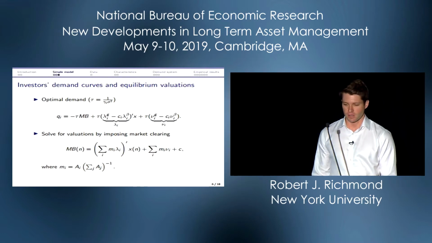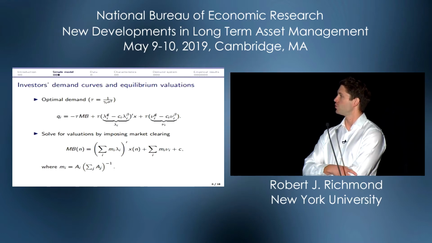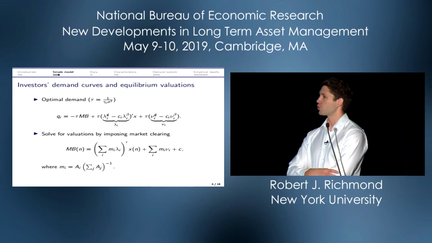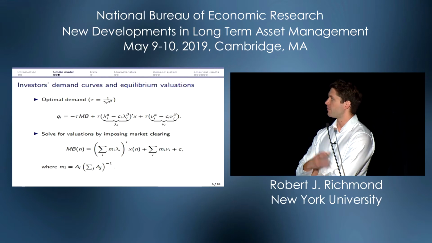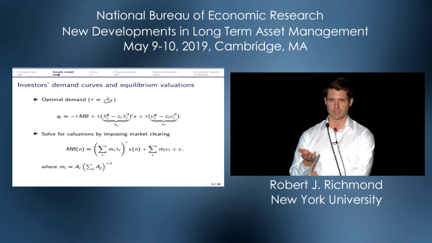All right, so given these assumptions, the optimal demand for each of these investors, which will be this vector QI, is a function of a few things. It's going to be a function of the price or the market to book ratio of each of these firms, and it'll be a function of how they form their beliefs about the growth rates and the riskiness of the ROEs of each of these firms.